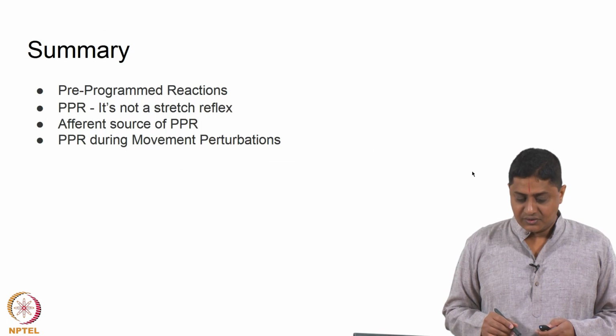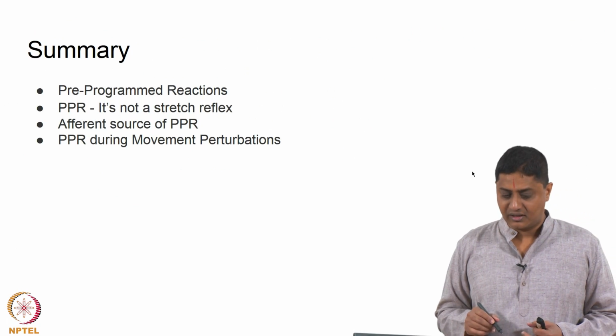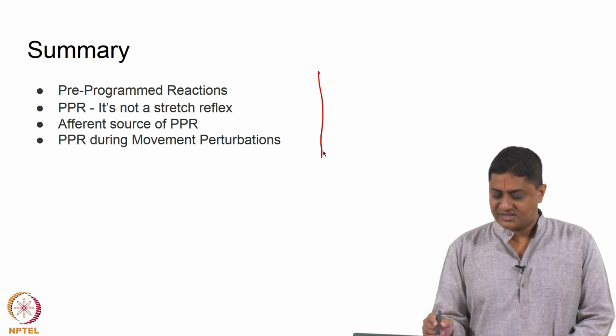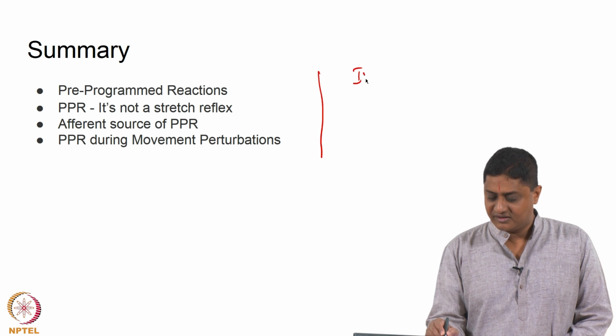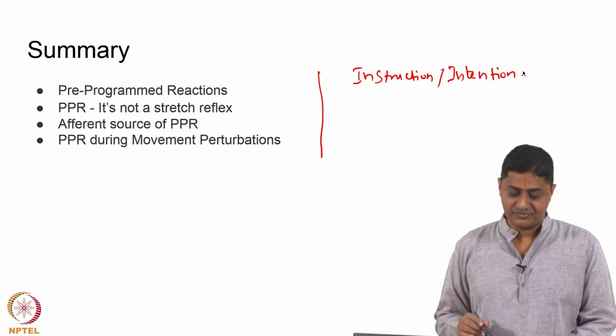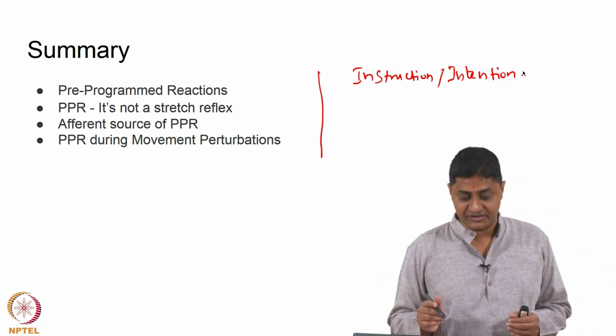Okay. So, what are the features of the pre-programmed reaction? Some of the features to remember are, it is strongly controlled by instruction or intention. It is strongly influenced by what the instruction is. If you tell people not to react, for example, the response will be very different.